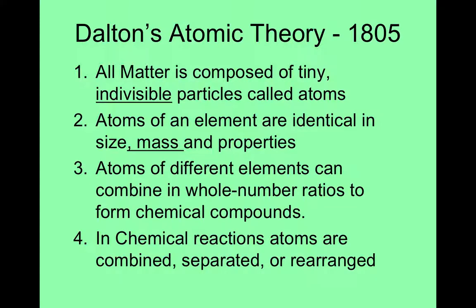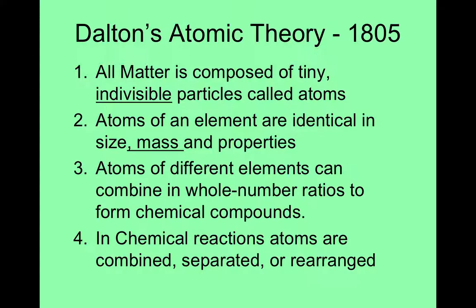That's related to the lab I was talking about. And then in chemical reactions, atoms are combined, separated, or rearranged. That's the law of conservation of mass, really, right there. This theory was developed in 1805, so relatively recently.